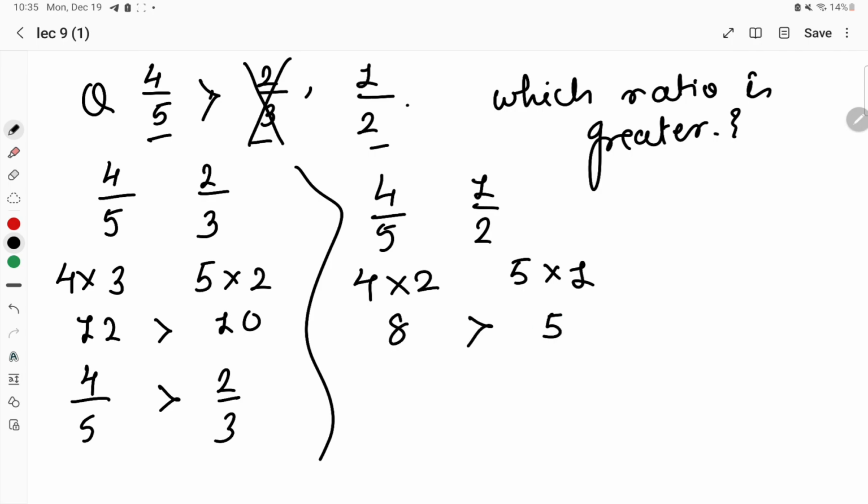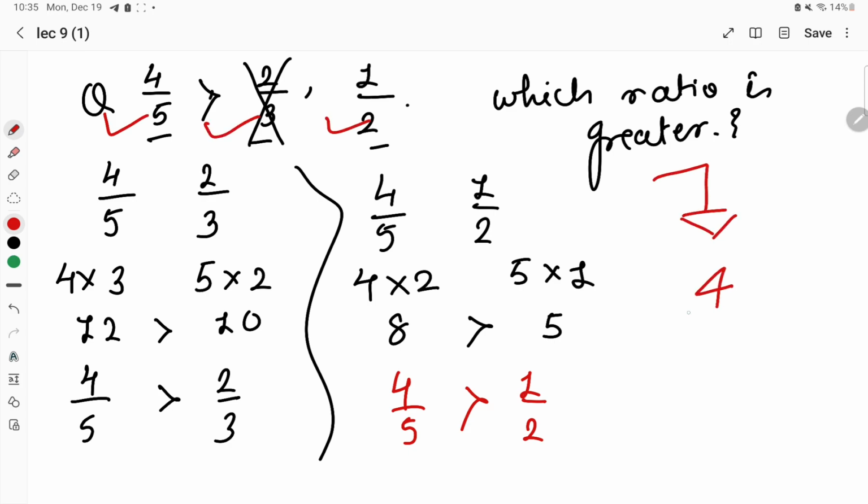From this we can clearly see that 8 is greater. It means between 4 by 5 and 1 by 2, 4 by 5 will be the greater ratio. Okay, this is how we calculate. Now from 4 by 5, 2 by 3, 1 by 2, which ratio is greater? The ratio 4 by 5 is the greater one.